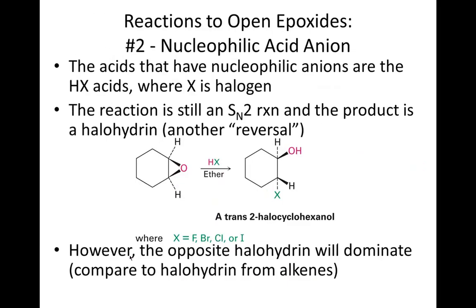When we open an epoxide with HX, the halogen ends up on the carbon that is less crowded, but it's because it has to open up this ring. Anyway, it partners nicely with that other reaction.